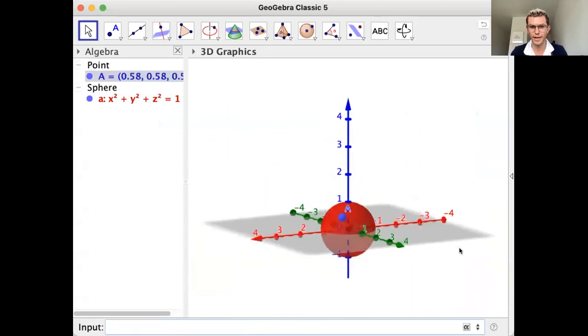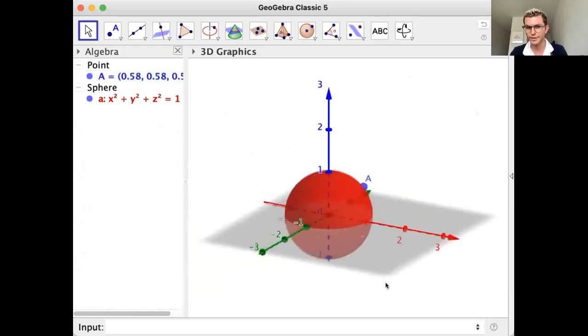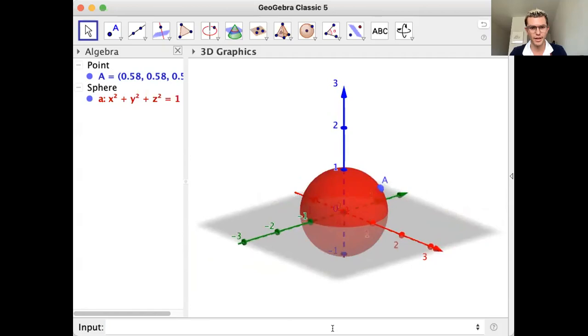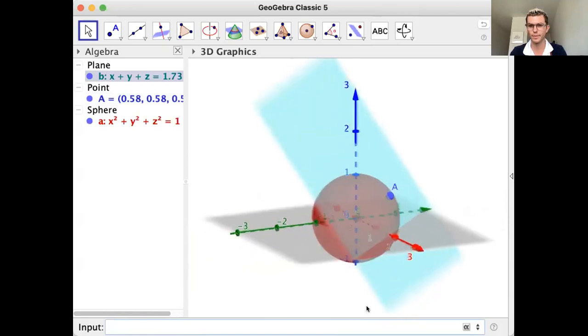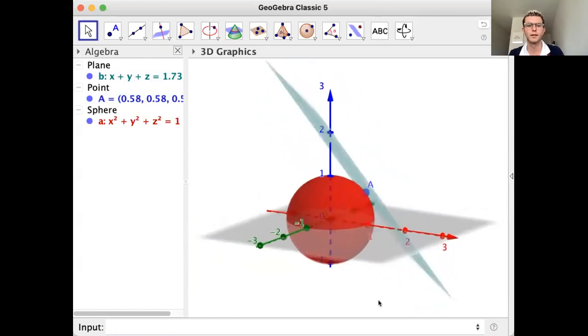So you see the point A there, right? It's somewhere on the sphere. And then the equation of the tangent plane was x plus y plus z equals square root of 3. There you go. Maybe this one is more clear than the other one. Is that okay? It's cool, right?